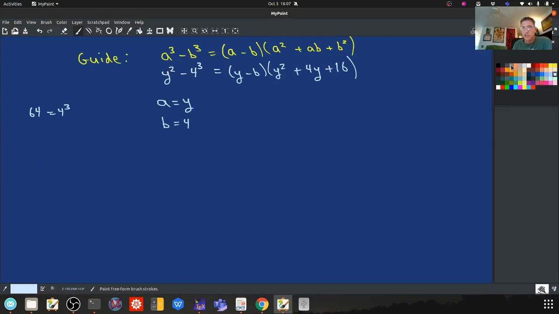Let's actually show, because it's a good review, we want to show that y minus 4 times y squared plus 4y plus 16 is indeed equal to y cubed minus 4 cubed. Sorry, that's supposed to be a 3 there. I'm glad I went back and I saw that. Well, this is how we're going to do it.